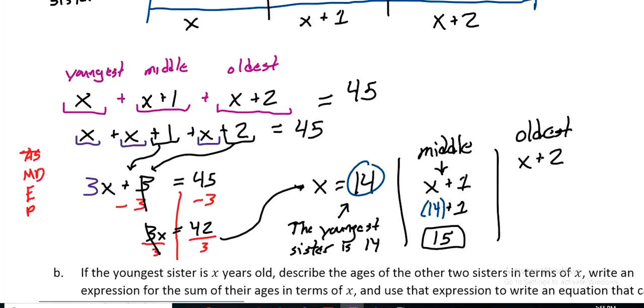She's 2 years older than the youngest. So x is 14 still, and we add 2 to that. So there we go: the youngest is 14, the middle is 15, and the oldest is 16.